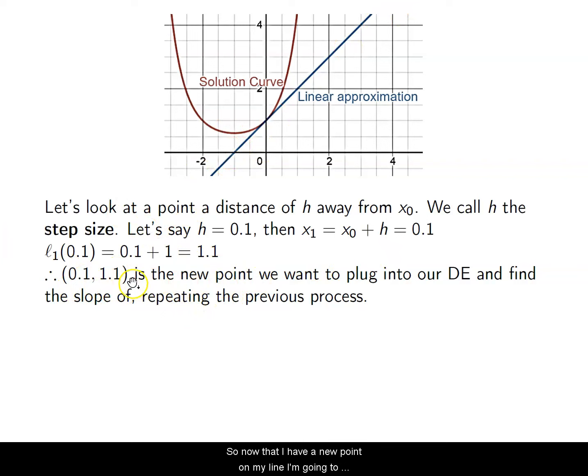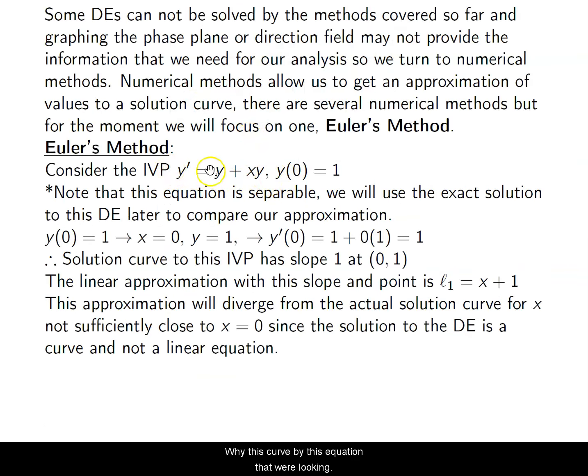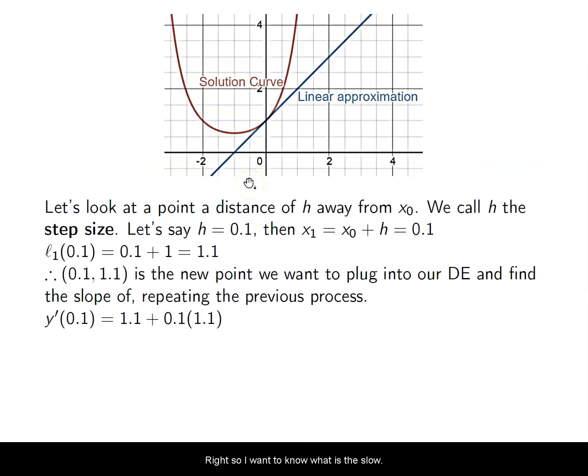Now that I have a new point on my line, I'm going to plug that point into my DE to find the slope at that point, right? Because remember, there's a slope field here that's generated by this equation that we're looking at, right? So I want to know what is the slope at this point. So I'm going to take this point that is a little bit down the line on my linear approximation, right?